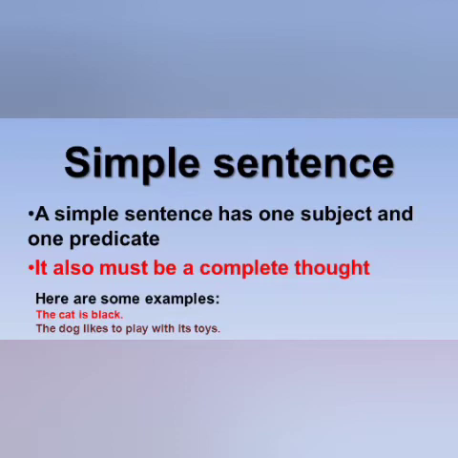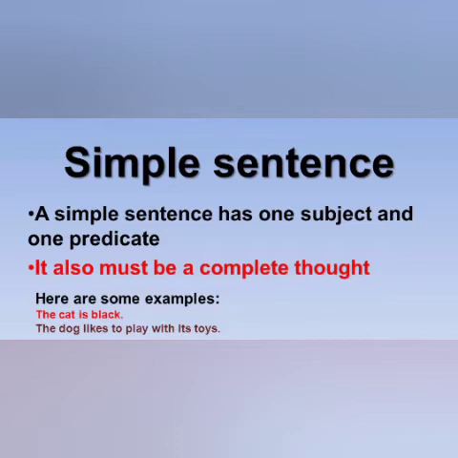Once again, a simple sentence has one subject and one predicate, and it also must be a complete thought. When a sentence has a complete thought, it is known as a simple sentence. Examples: the cat is black and the dog likes to play with its toys.